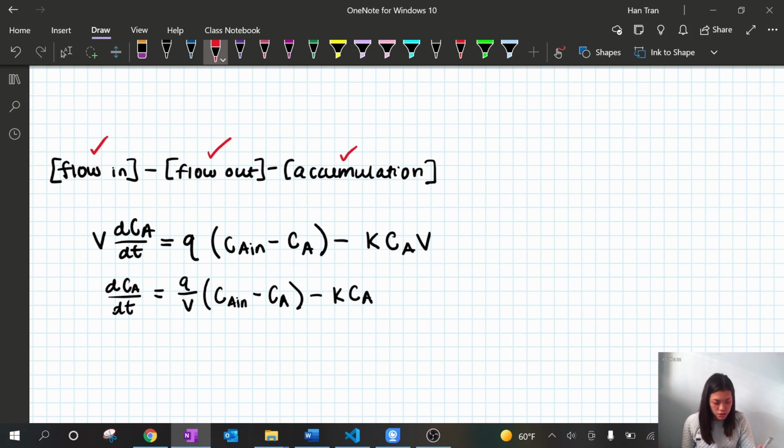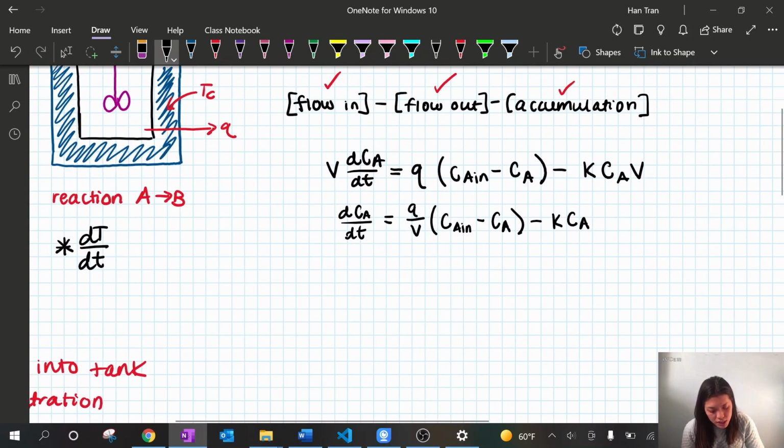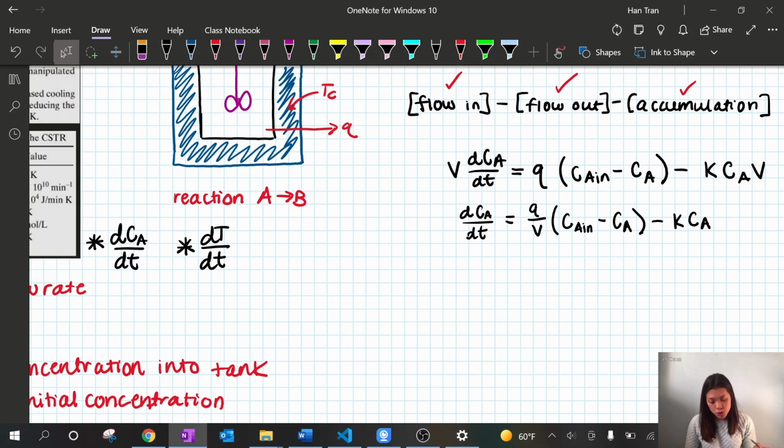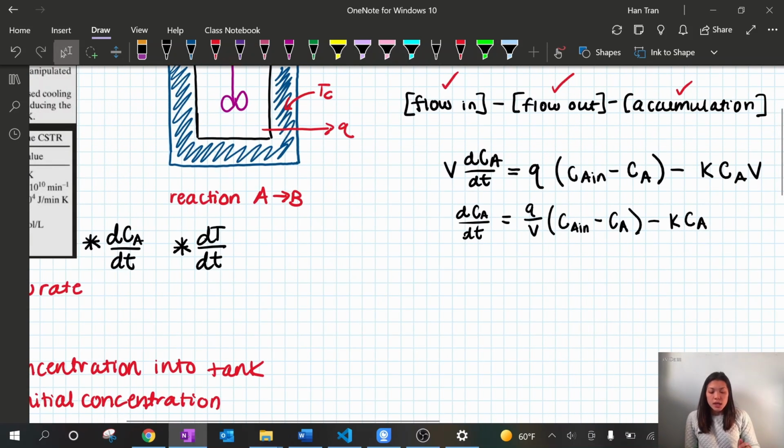for the concentration. So now that we have written the change in concentration over change in time equation, let's take a look at the differential equation for temperature. And so in order to write a differential equation that will show us the change in temperature over a change in time, we can take a look at the internal energy of the tank, because the internal energy of the tank is calculated by the heat capacity multiplied by the amount that there is multiplied by the temperature.